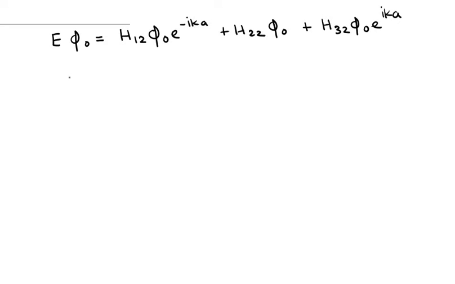So we have to write it as E phi 0, because phi 0 is again a matrix.